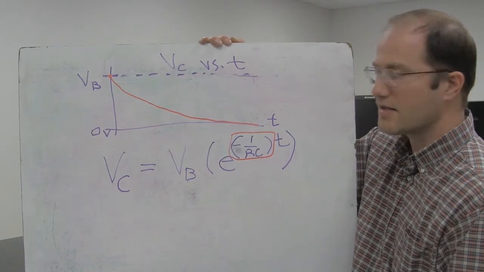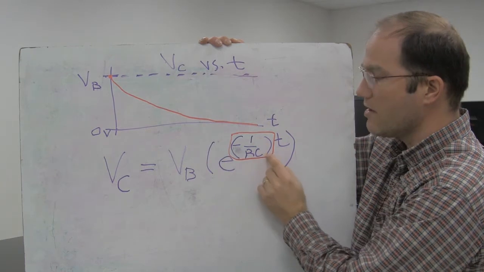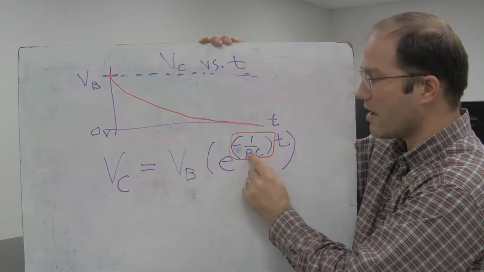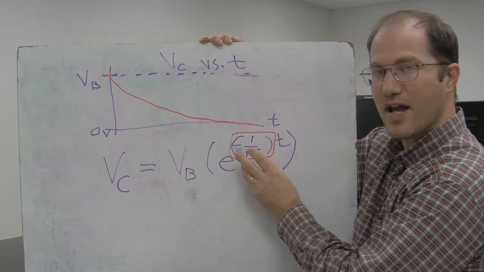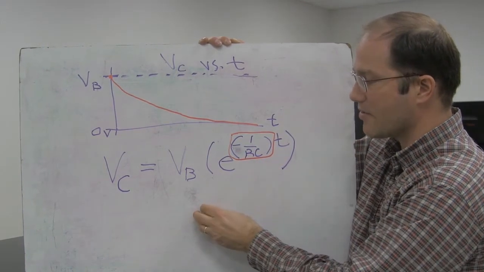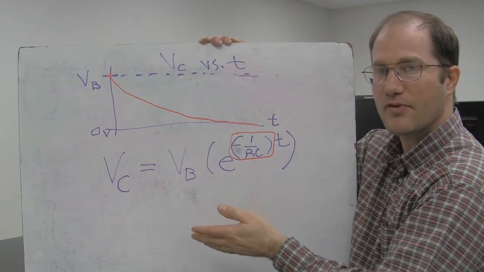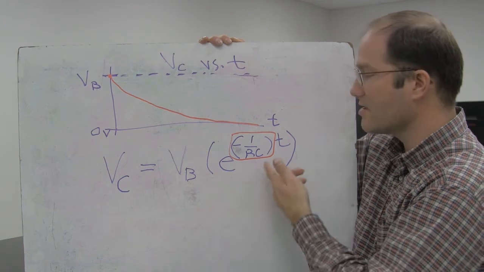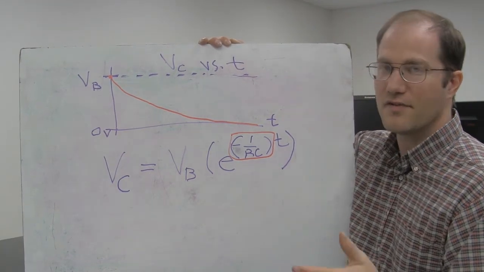It's not capacitance. But that parameter is equal to 1 over RC, where R is resistance, C is capacitance. And so once LoggerPro gives you that parameter, then if you know what R is, you set that parameter equal to 1 over RC, and you know what R is, you know what the parameter is, LoggerPro gives it to you, solve for C. That's an accurate way of determining the capacitance of a circuit.